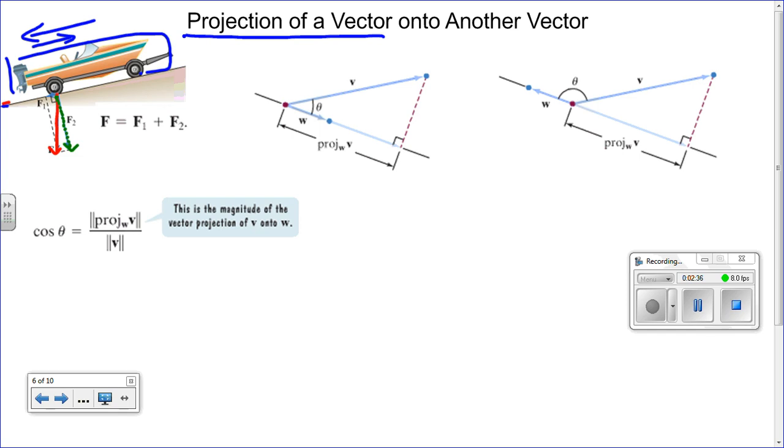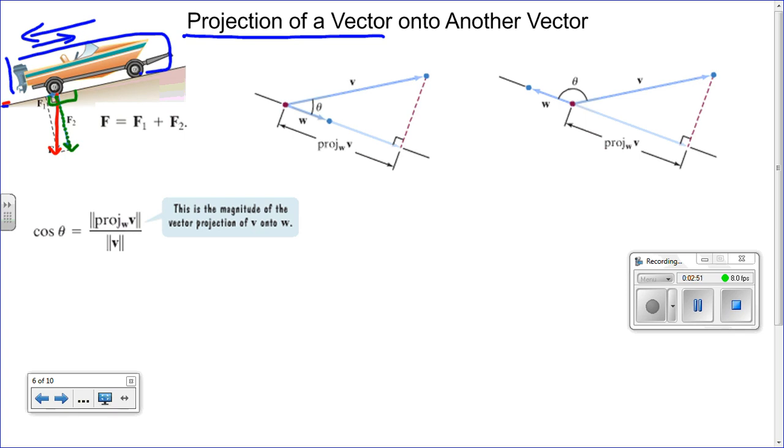Now the one in green, that one will form a 90-degree angle with the ramp. You could see it that way, or you could also see the tiny little box right here. Okay, so that's an example of a projection.